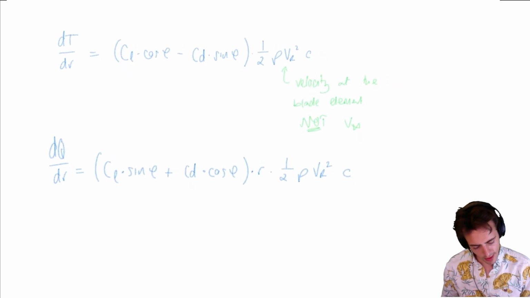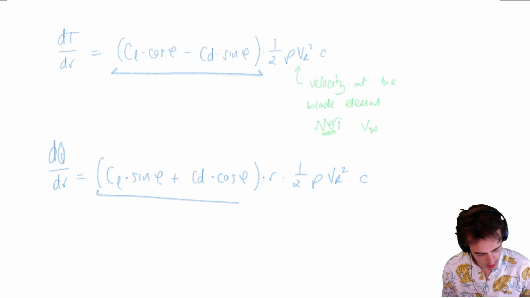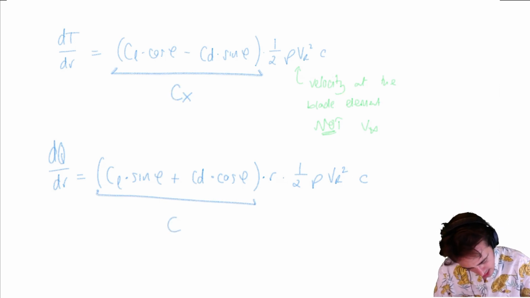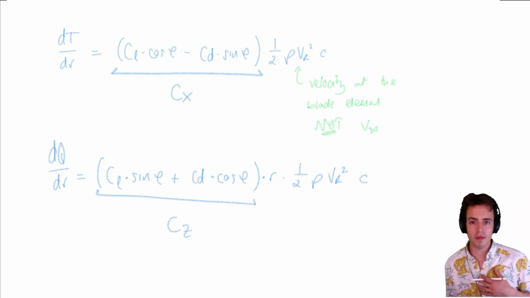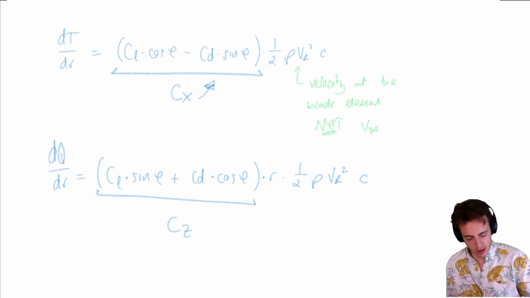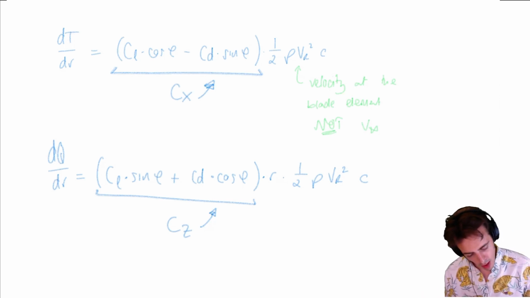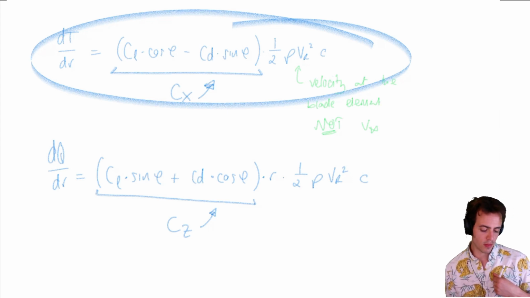Just to make this a little bit easier, we're going to replace these two bracketed expressions with Cx and Cz, only because these get problematic to keep writing out as we do our developments. In fact, we're going to work with this one, and we're going to end up with a dimensionless expression for the thrust coefficient gradient across the propeller.